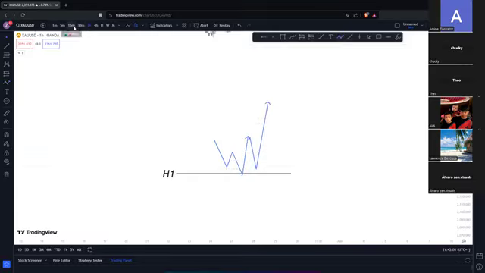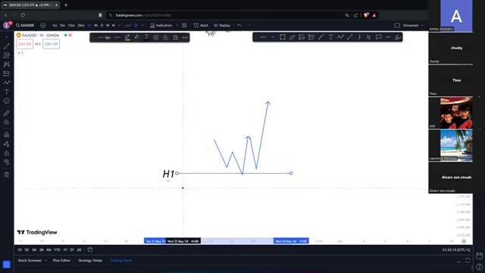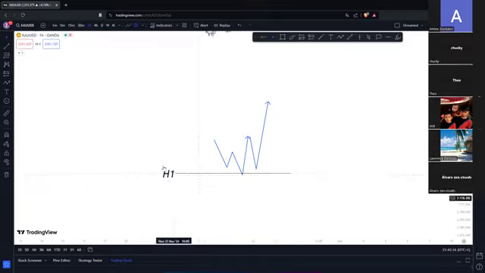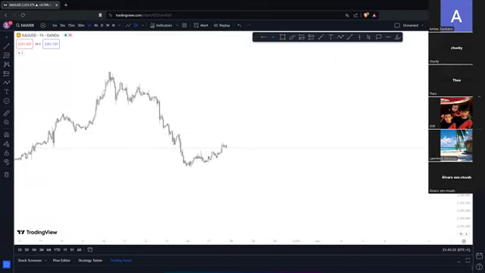So M15 breakout, TP at the time frame that is between the level and the breakout. So if the level is on H1, the breakout is on M15, the TP is in the middle. That's simply it. Okay, so you can rewatch the video later to understand in more detail. Okay, that is simply it.